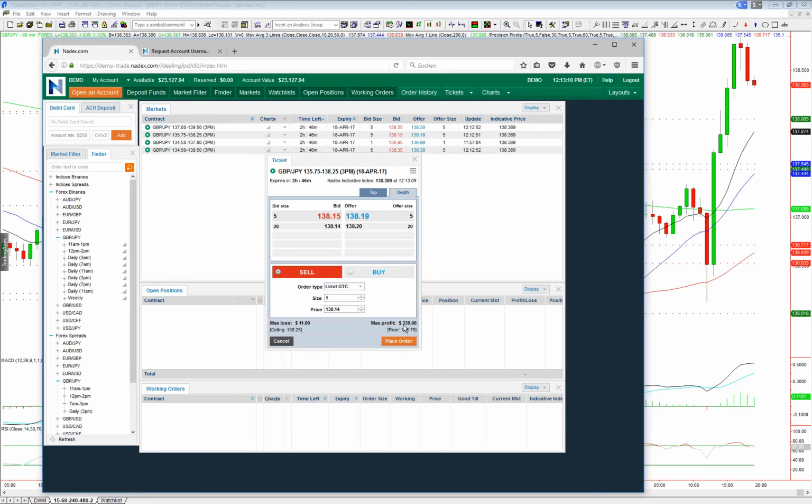The idea here is that price has to drop to the floor level, which is at 135.75. Way down here, I don't think that this is likely to happen within that time. However, if I want to have a directional trade in that direction and want to use a spread for that, this might be a contract that you could be interested in.